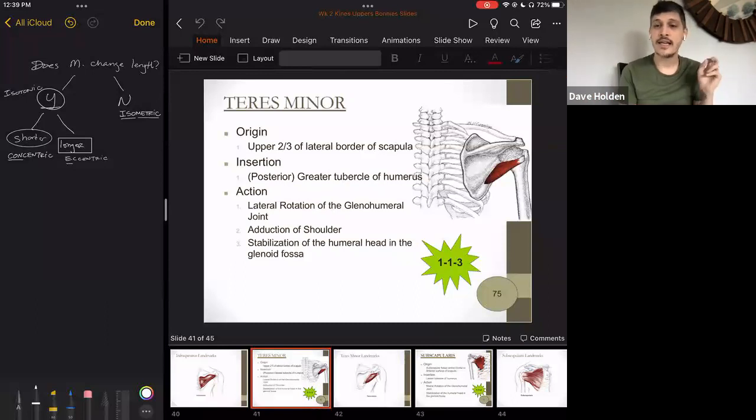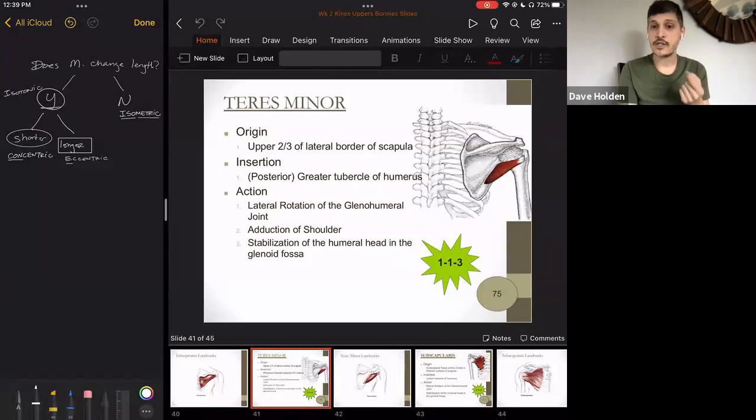Teres minor is part of the rotator cuff group. Teres major is the old married couple with lat dorsi. These guys do not do the same things. Teres minor originates on the upper 2/3 of the lateral border, so it is more superior than its counterpart.